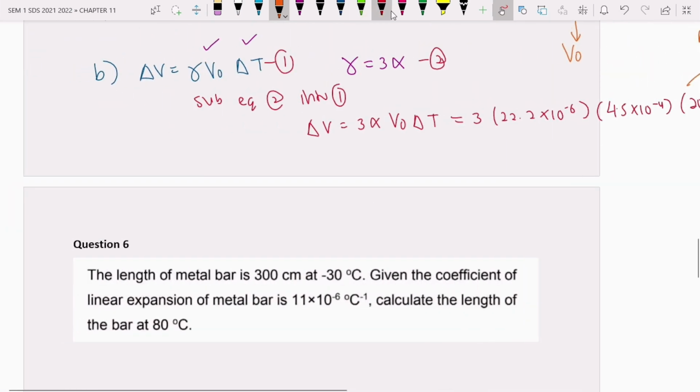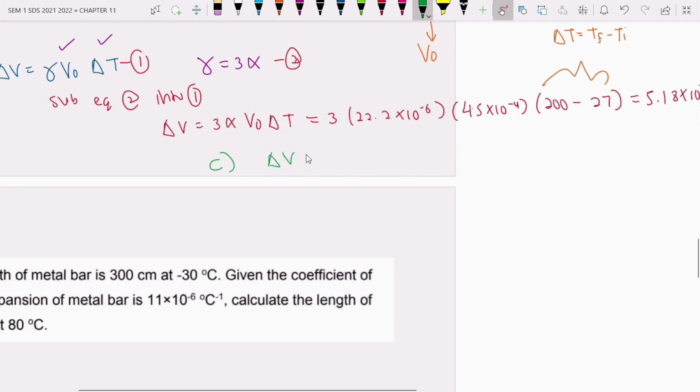We are going to use the same formula, which is change in volume equals 3 times the coefficient of linear expansion times the initial volume and the change in temperature. We know the coefficient of linear expansion is 22.2 times 10 to the power of negative 6.